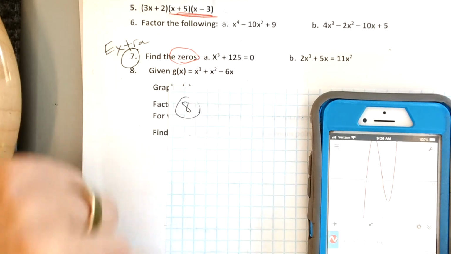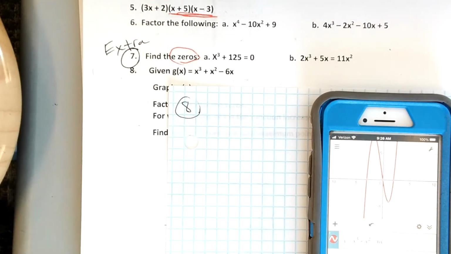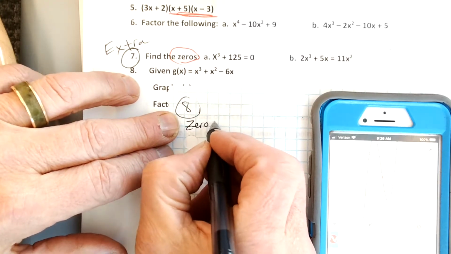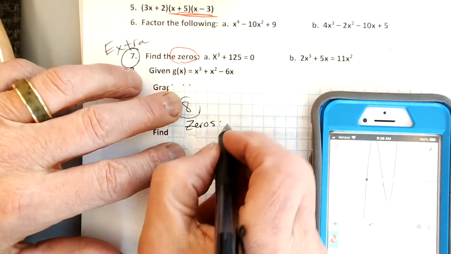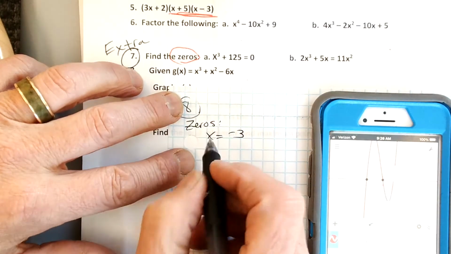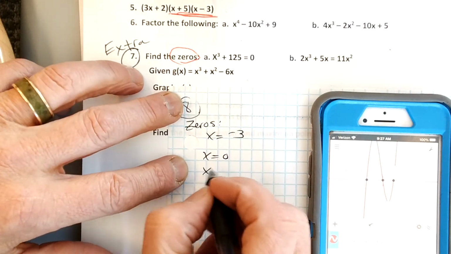Okay, there it is. Well, the zeros are at, and I'm going to write this down as I do it. I can see the zeros. Those are at, tap, negative 3, x equals negative 3, at 0, and at 2.